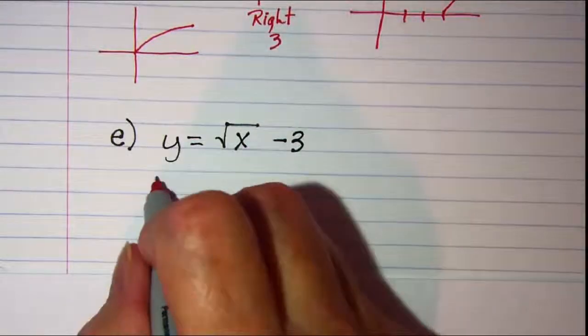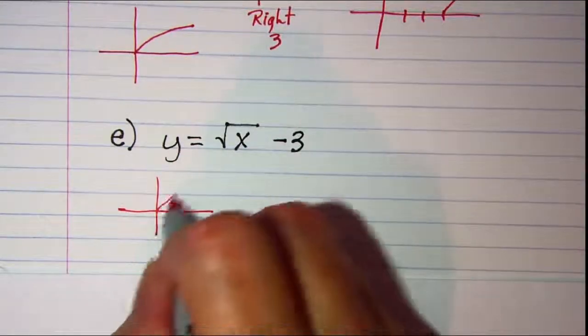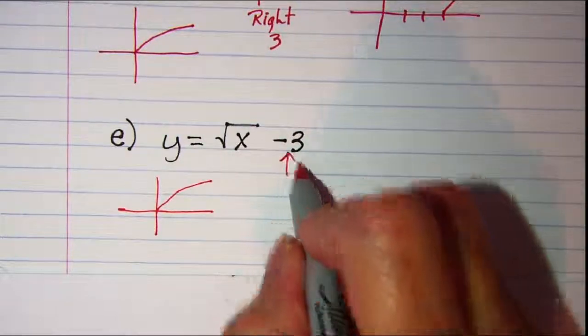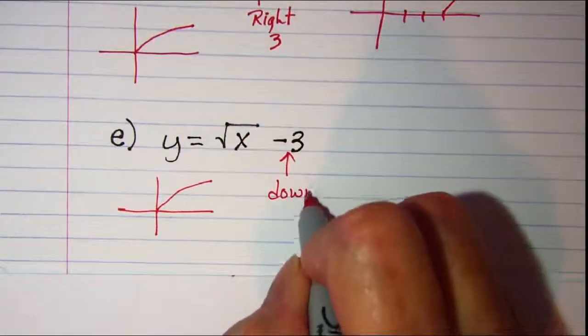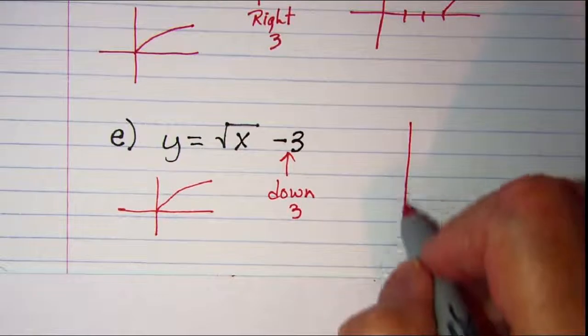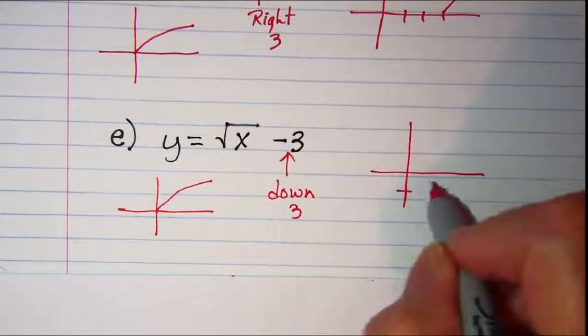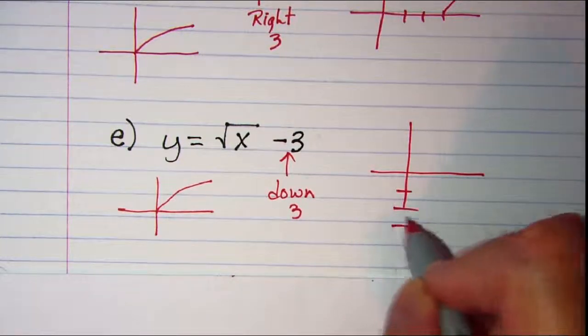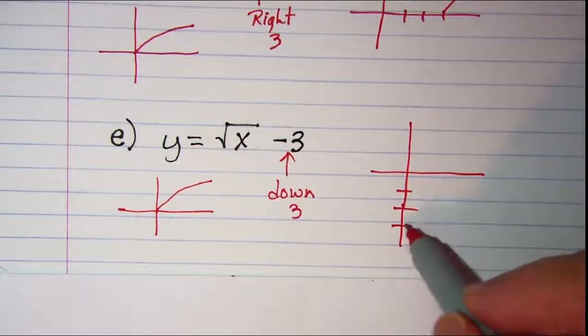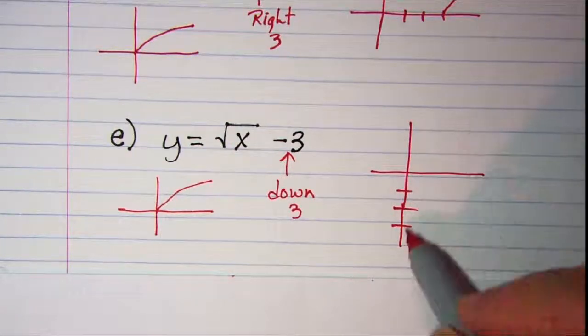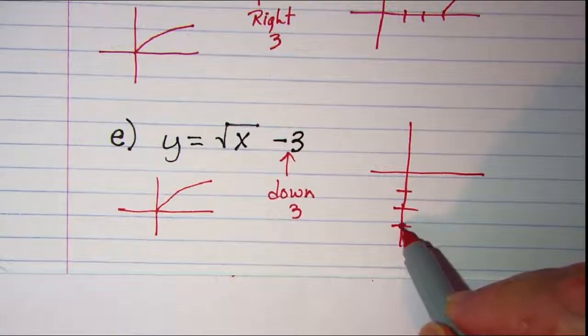This one is our basic square root graph, and this tells us to go down 3. So we have down 3, and instead of going up here, I would go here.